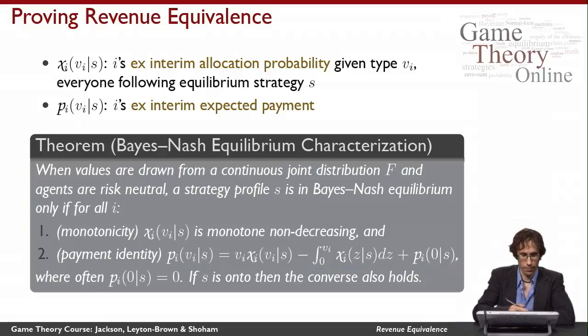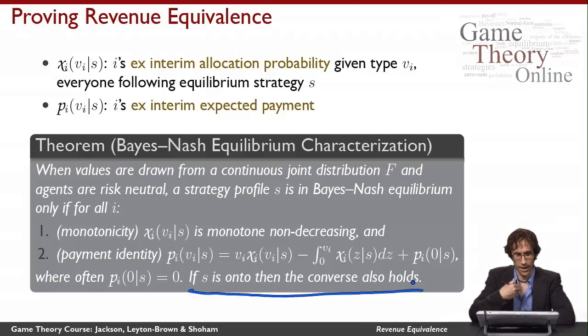Now, it's often the case that we just want to have auctions in which an agent with the lowest possible valuation doesn't pay anything. And if that's true, then this just goes to 0 in the payment identity, and we get a slightly simpler expression. But nevertheless, this integral probably seems pretty mysterious to you. And what's cool about the proof is that I can give you a really intuitive idea of where this integral comes from.